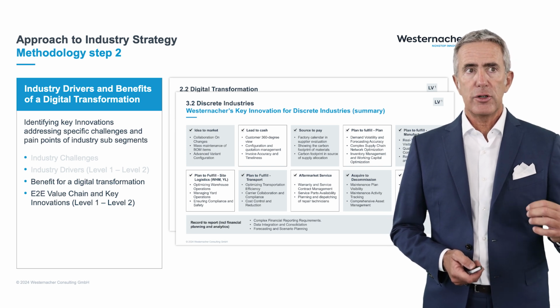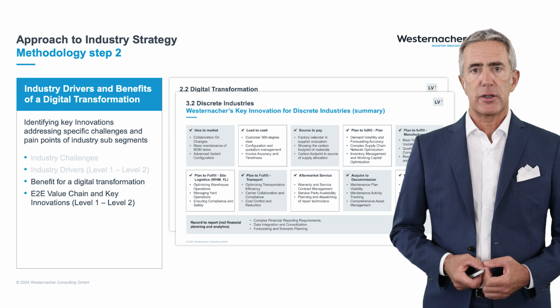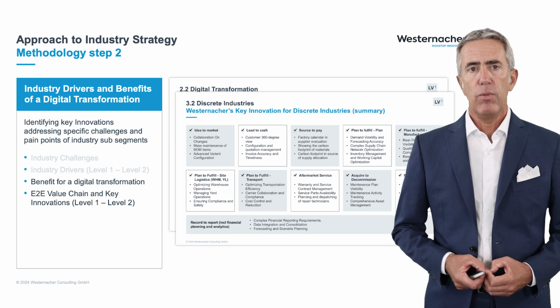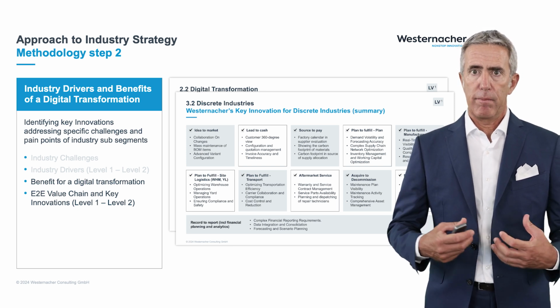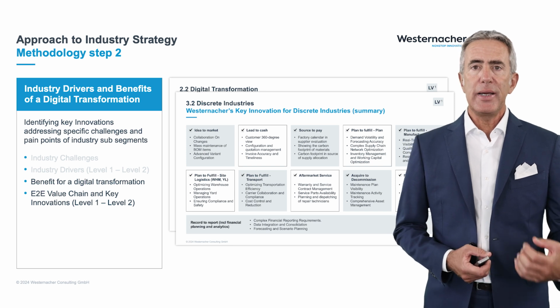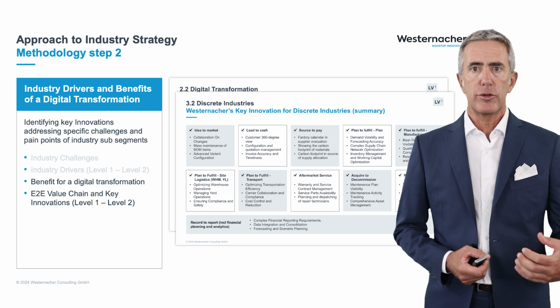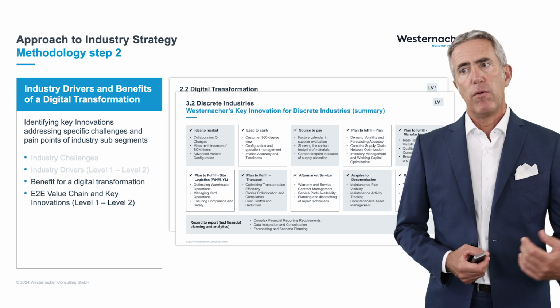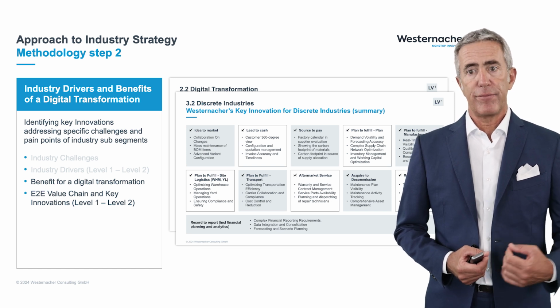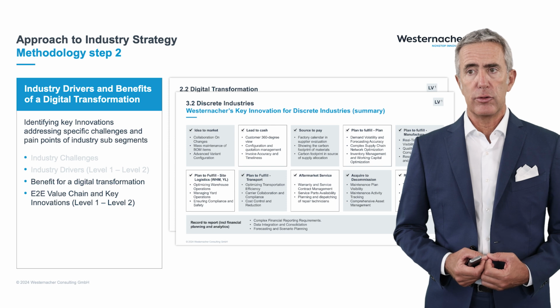So for each supply chain or for each business of a company, we can introduce area by area some key innovation that is useful to drive benefits for the different companies belonging to an industry.